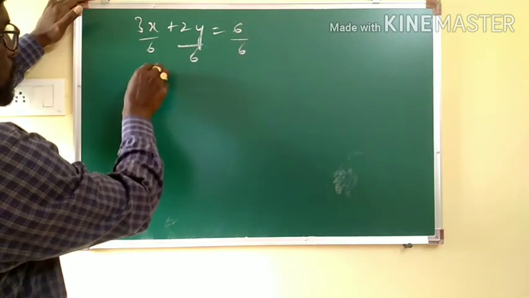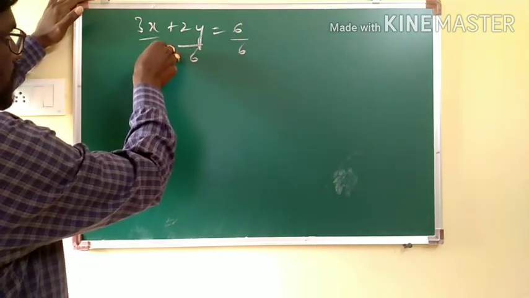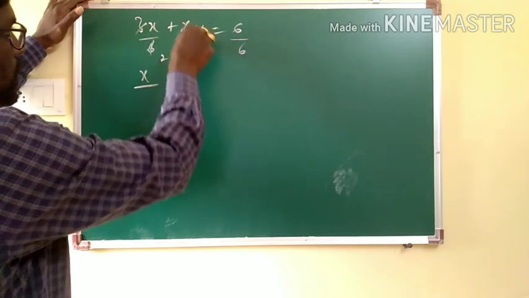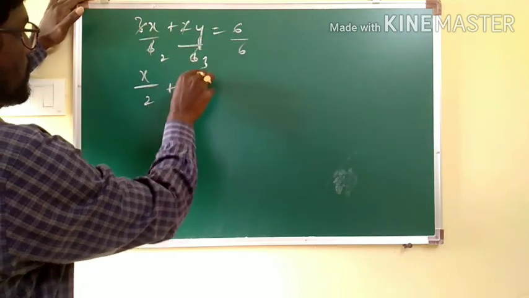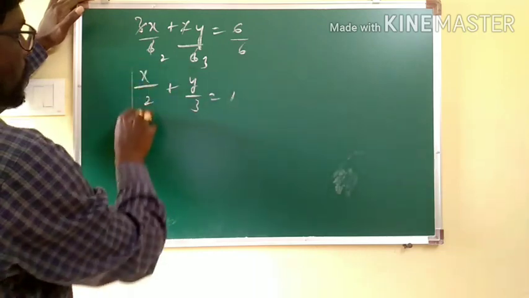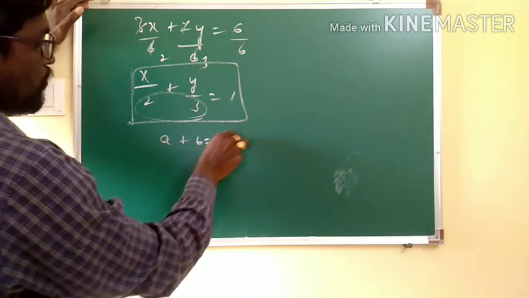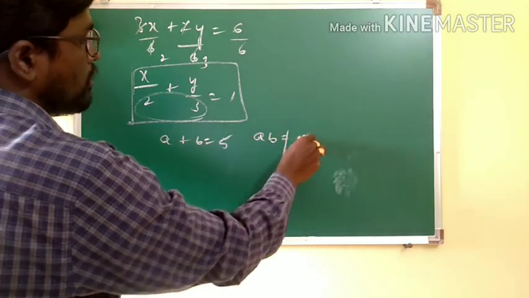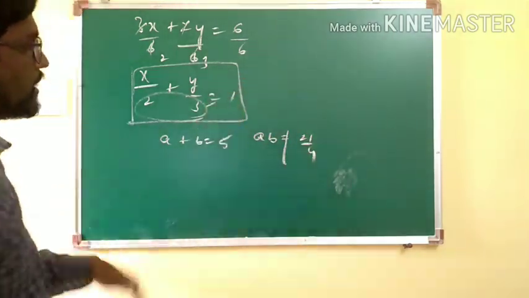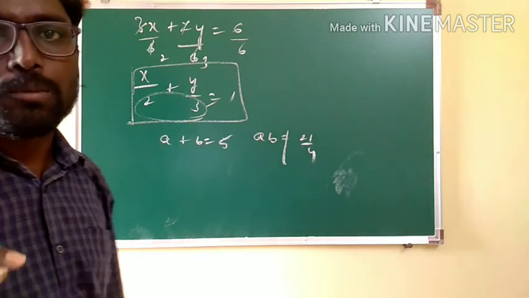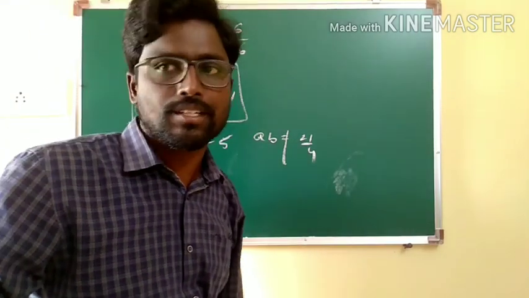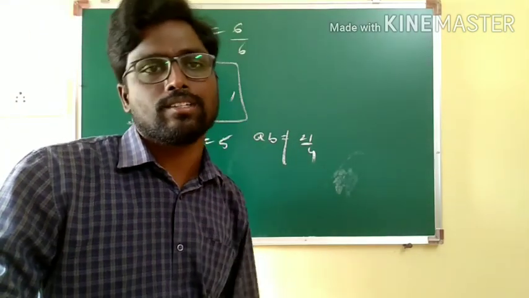Dividing by 6 both the sides, x by 2 plus y by 3 is equal to 1. Sum of the intercepts, a plus b is equal to 5, but ab is not equal to 21 by 4, because here we are getting ab is equal to 6. Product of the intercepts is going to be 6, but it is not according to our question.